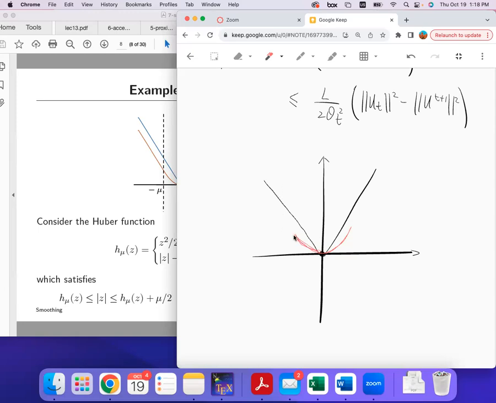And then we stop at a certain point. Beyond that, we still use a straight line parallel to the absolute value function.